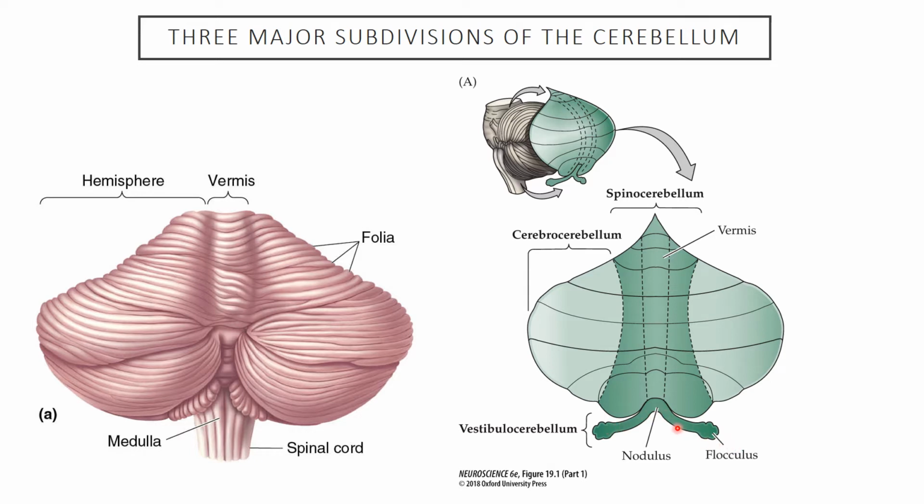These areas are known as the nodulus and the flocculus, and they make up what's called the vestibular cerebellum. So we have three major subdivisions of the cerebellum that do more or less correlate with being along the vermis and then along the hemispheres. So the cerebrocerebellum, the spinocerebellum, and the vestibulocerebellum is this portion here. If we unwrap it, you've got the nodulus in the middle, the flocculus on the outside, and that's the vestibulocerebellum.